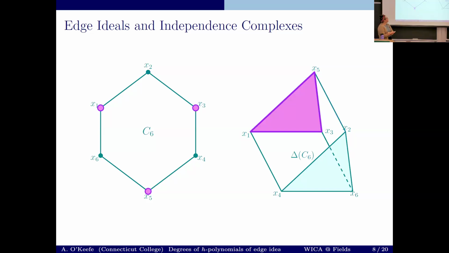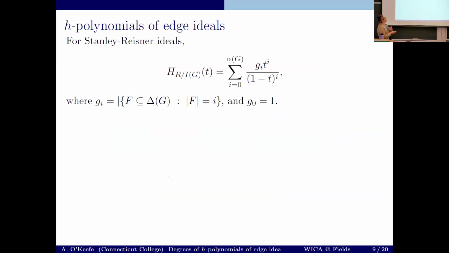Okay, so then for Stanley-Reisner ideals, we have yet another expression for the Hilbert series, where these GIs are the sizes. Usually this is given in terms of face numbers with a -1 shift for the dimension, but I don't like those -1 shifts.